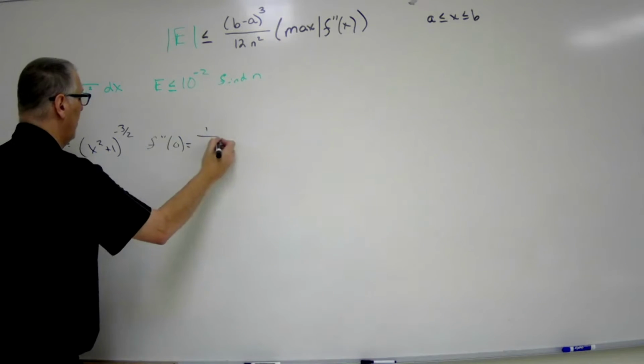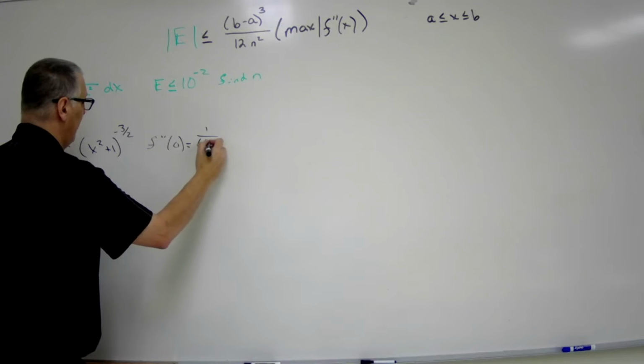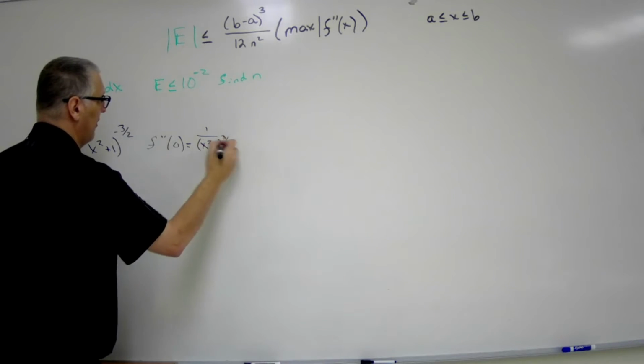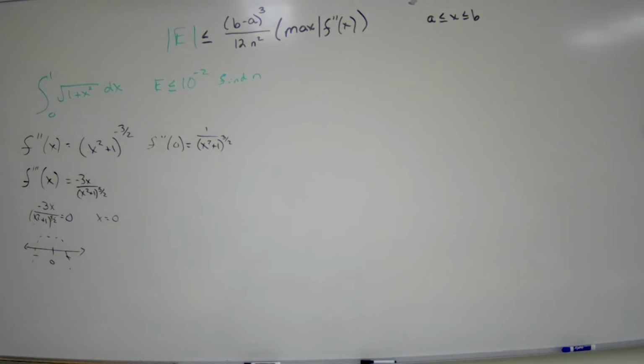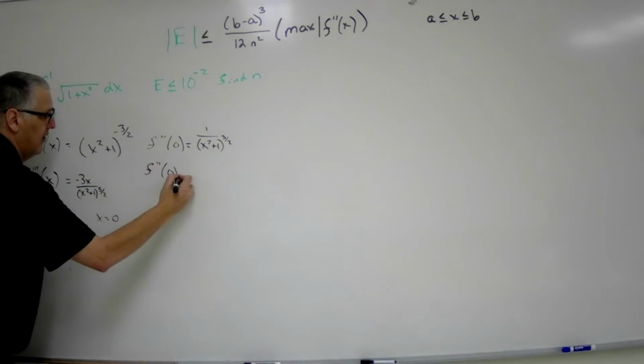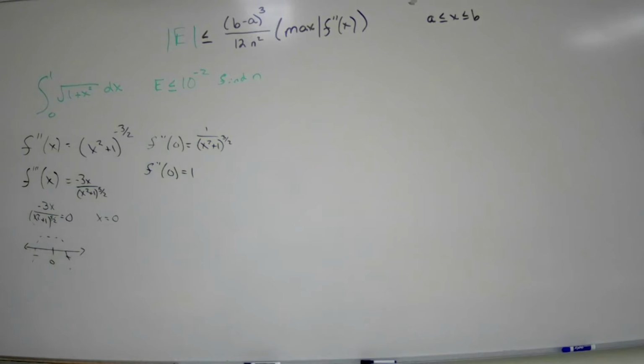It's really 1 over x squared plus 1 to the 3/2 power. Should get 1. So now I know f double prime of 0 equals 1. Everybody agree? Everybody on board?